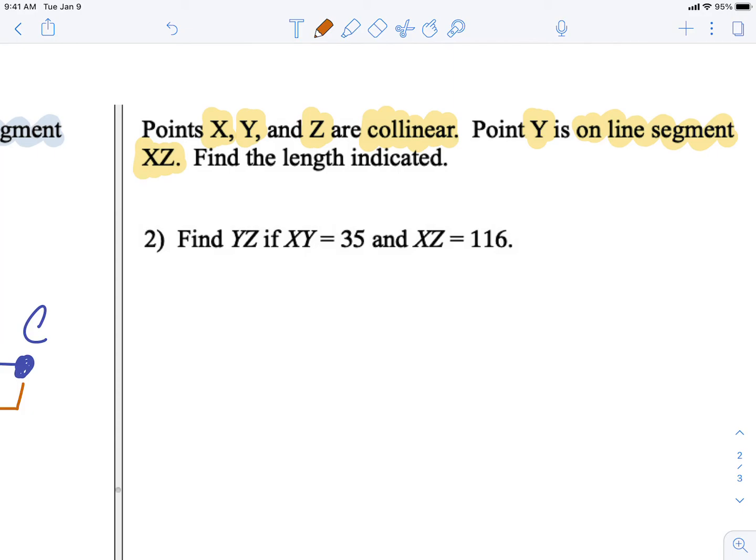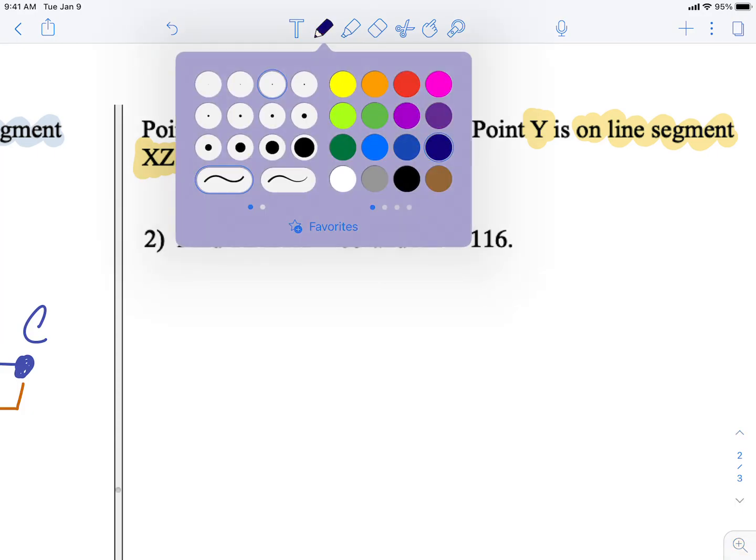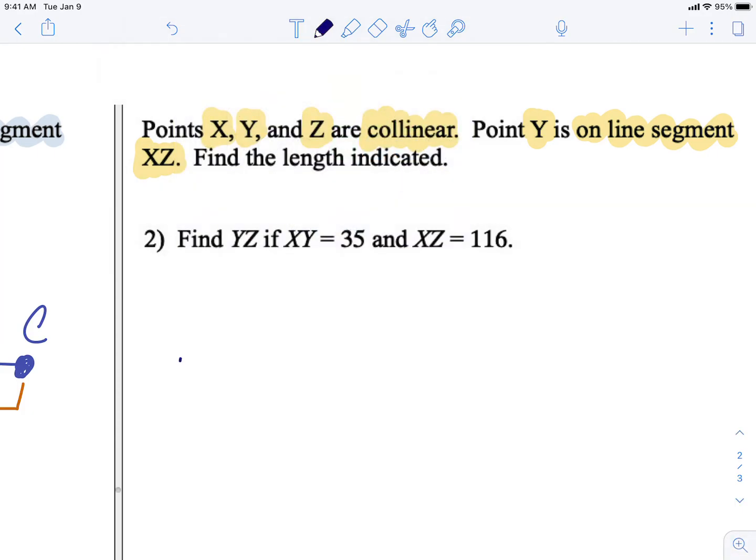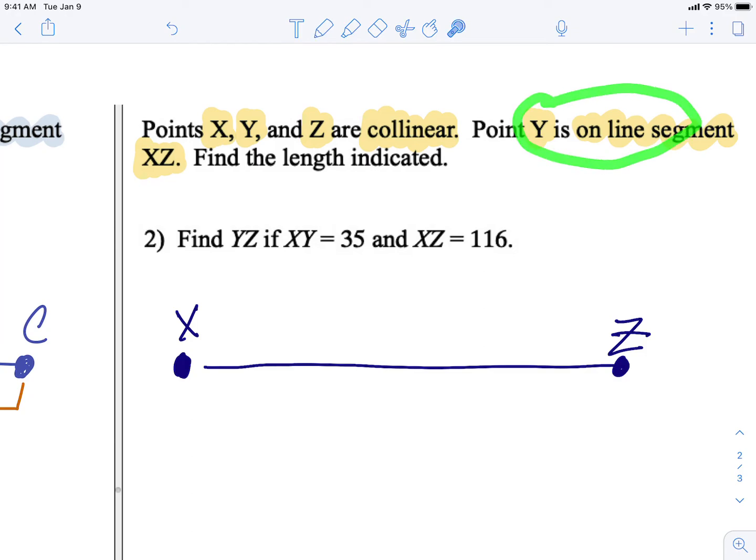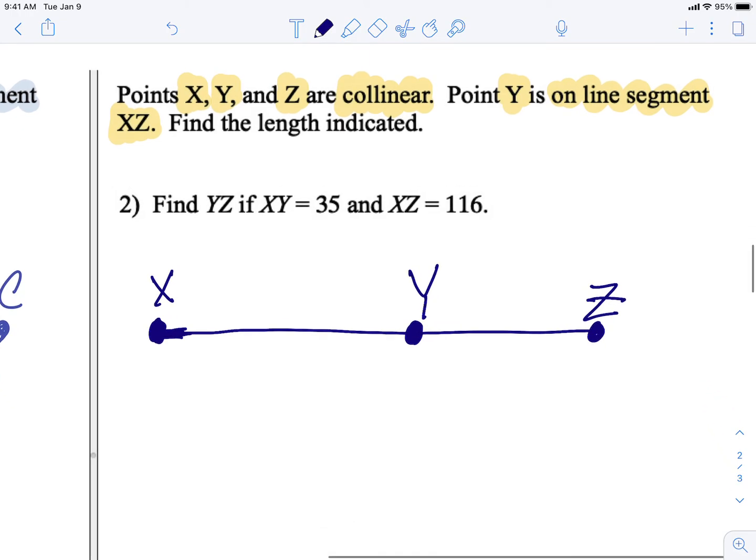So we have line segment X all the way to Z. And it says Y is somewhere on that segment. So I'm going to put Y over here. And they're collinear. They're all on the same line.